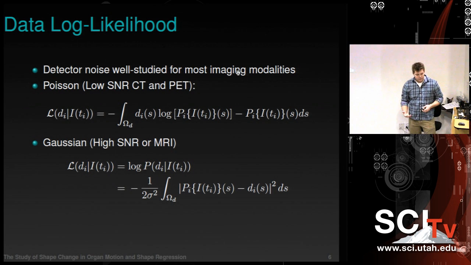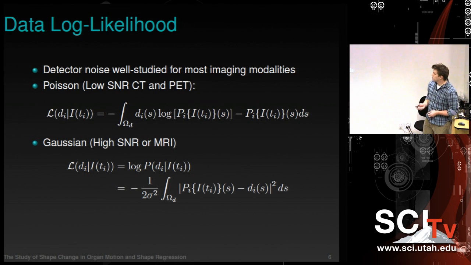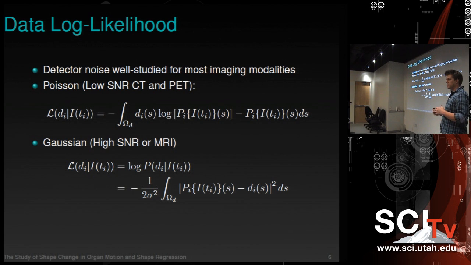The next step in modeling the data acquisition is to actually model the noise in the data. And this is really well studied for most imaging modalities. For low SNR photon counting, like in PET or really low SNR CT, the noise follows a Poisson distribution, which has this as its log likelihood.